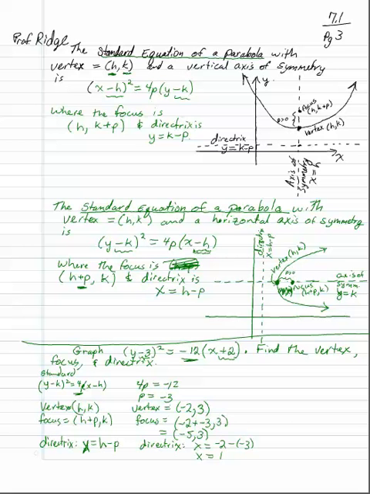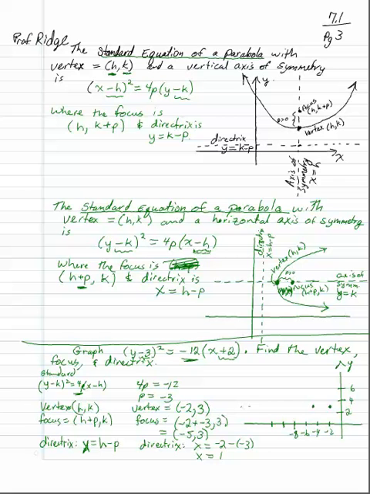Hopefully I have enough room here. It's opening to the left. So the vertex is (negative 2, 3), right here. The focus is (negative 5, 3), right here.